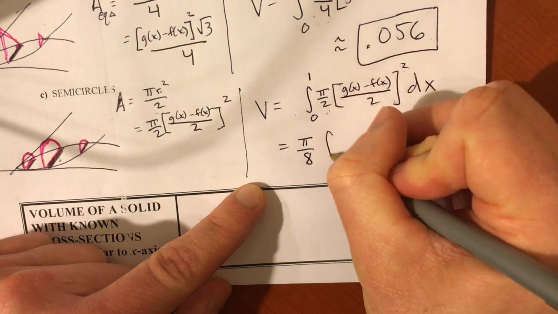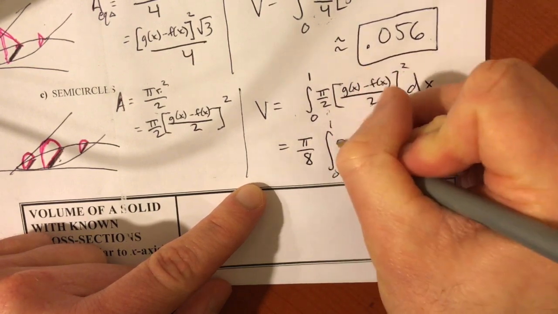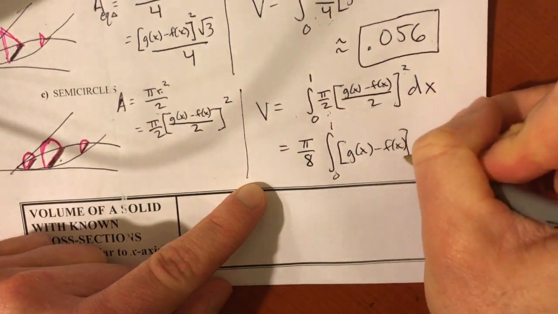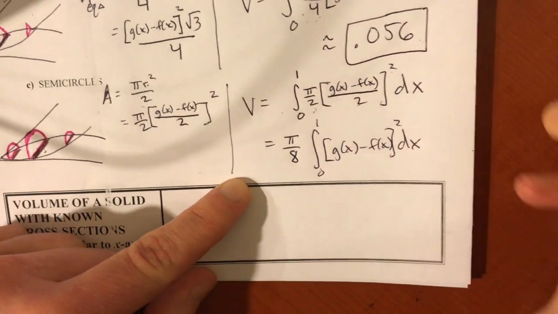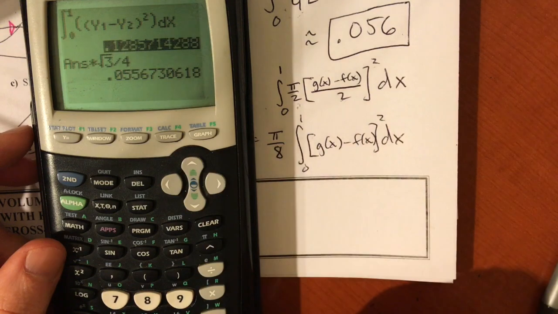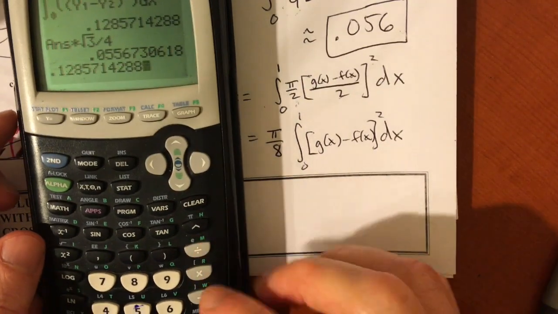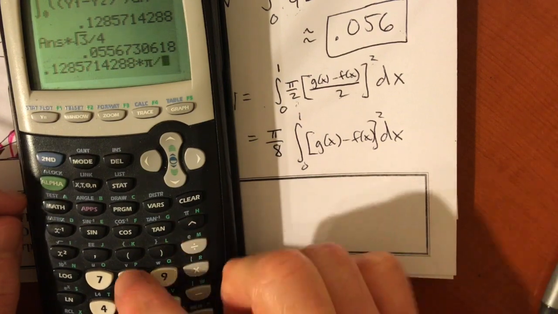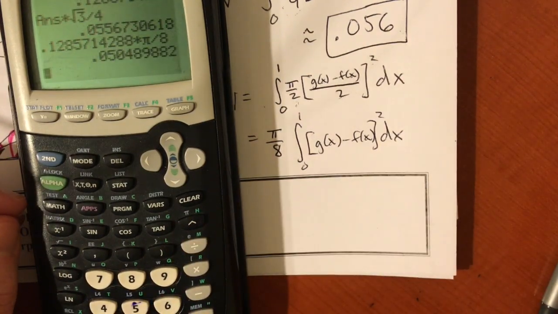Pi over 2 times that 1/4 times that g of x minus f of x squared, which is the same integral we just did. So you could save yourself a little calculus time here. Just going back to that same integral of that squared, and now multiply by pi over 8. And yes, you get the smallest volume yet of 0.050.